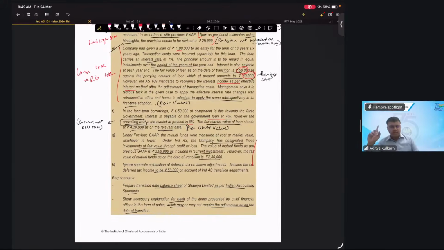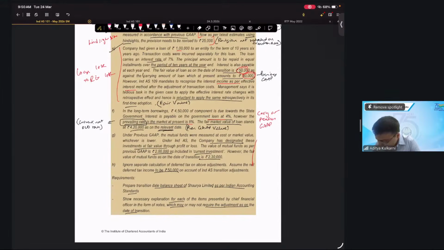That is very clear as far as the adjustment for government loans is concerned. In this particular case, that information is not available. Present rate is 8%. This is not the rate prevailing when the loan was taken. So therefore, the loan will continue to be carried at previous GAAP value. Are you able to follow? Yes, sir.